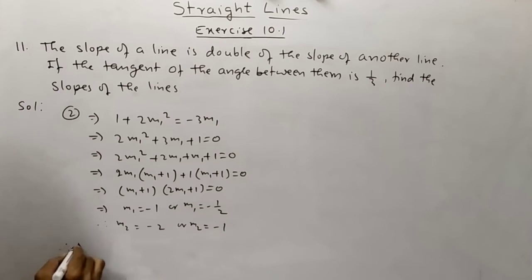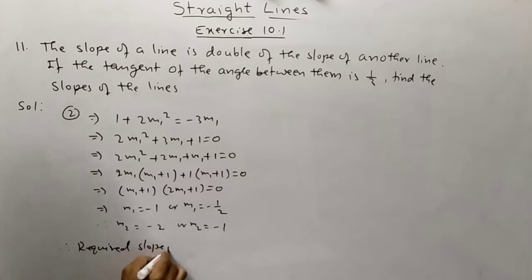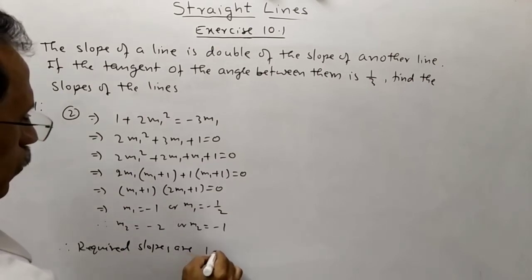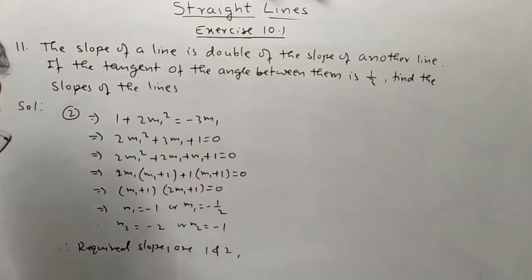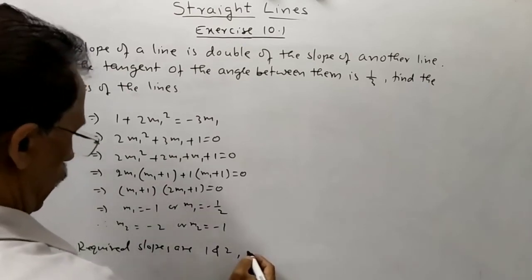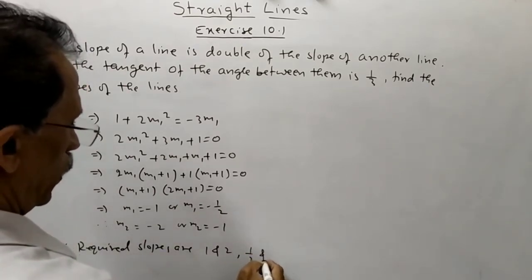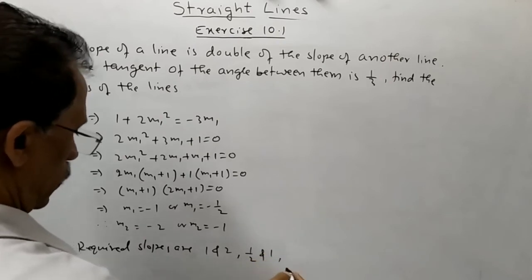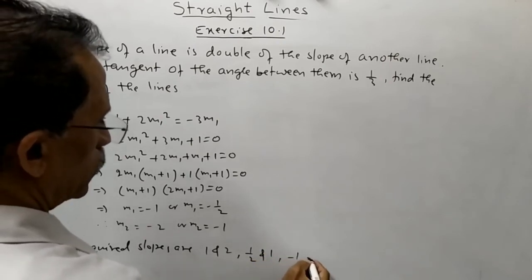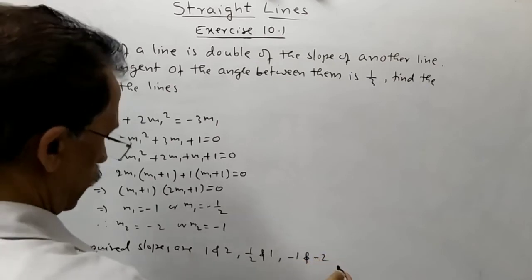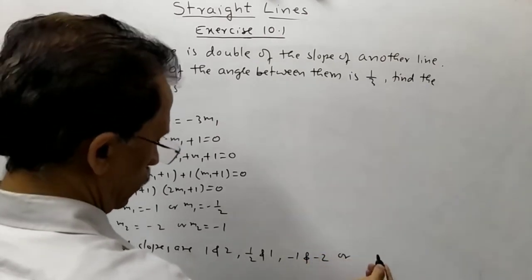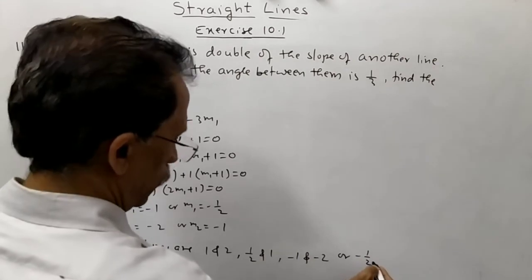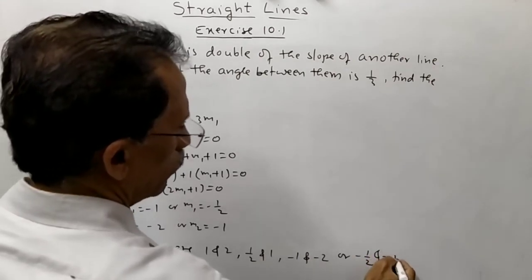Therefore, required slopes are 1 and 2, or 1 by 2 and 1, or minus 1 and minus 2, or minus 1 by 2 and minus 1.